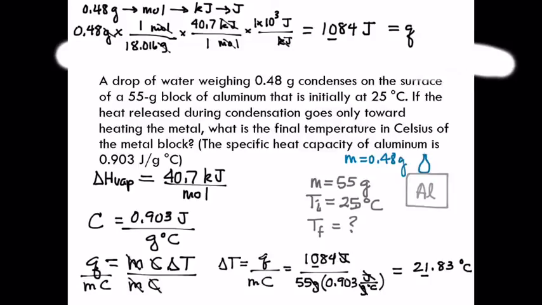Did the block of metal get warmer or colder? Warmer. It's going towards heating the metal, right? So if this is the change, and that's the initial temperature, it must be 25 plus the 21.83.